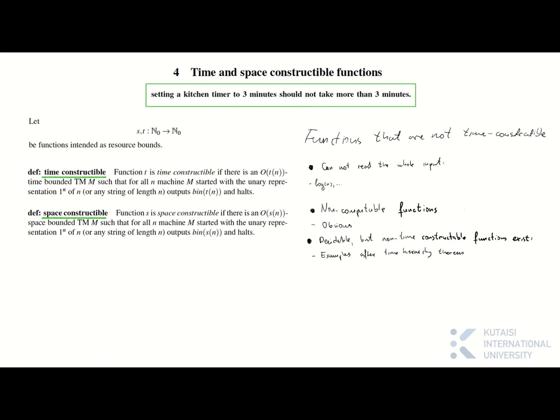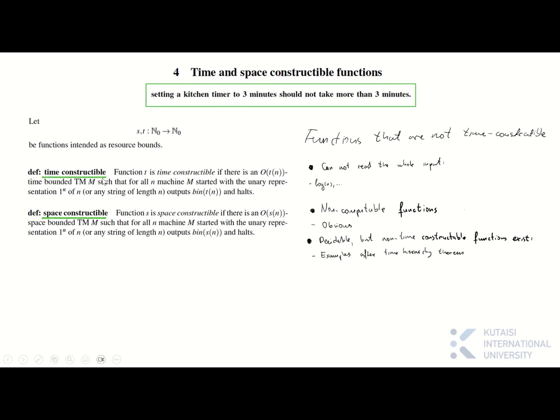This intuition can be extended to time constructible and space constructible functions. Some of the bounds for time and space make no sense because they're not computable in the time they're bounding the Turing machine. So here is the definition. Let's say I have two functions, s and t, from natural numbers to natural numbers, and I want to use them as bounds for Turing machines.